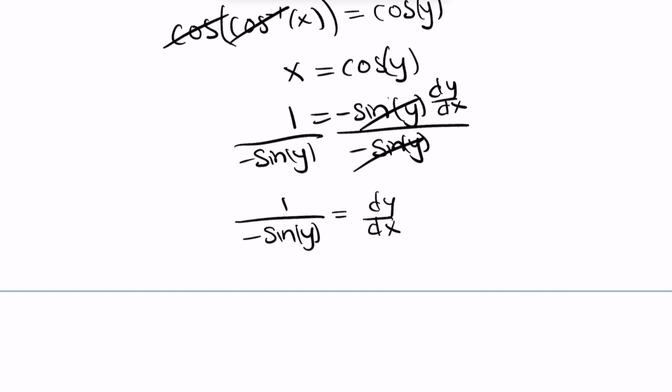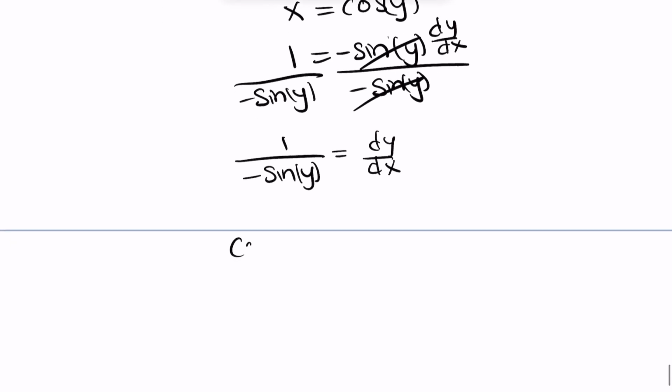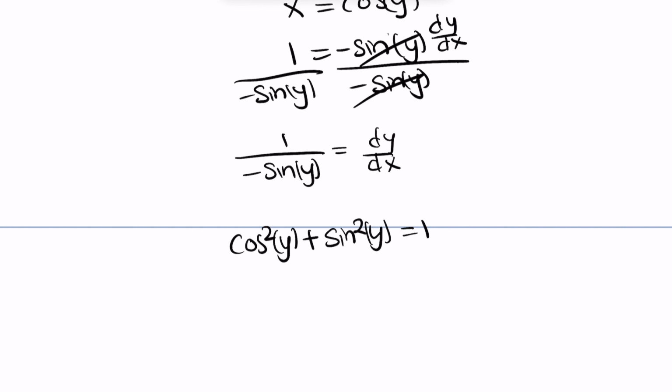Now we need to use a trig identity, which is cosine squared y plus sine squared y is equal to 1. So we're going to isolate sine y. We're going to subtract cosine squared y on both sides.